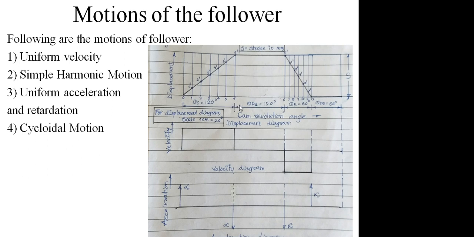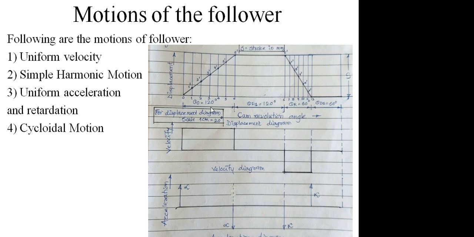On the x-axis you have to take the cam revolution, on the y-axis you have to take the stroke length of the follower. While drawing the displacement diagram, you have to assume some scale, that is 1 centimeter equal to 20 degrees on the x-axis. So for the outstroke of the follower, the degree of revolution of cam is given as 120 degrees. So 120 degrees divided by 20 degrees is 6 centimeters.